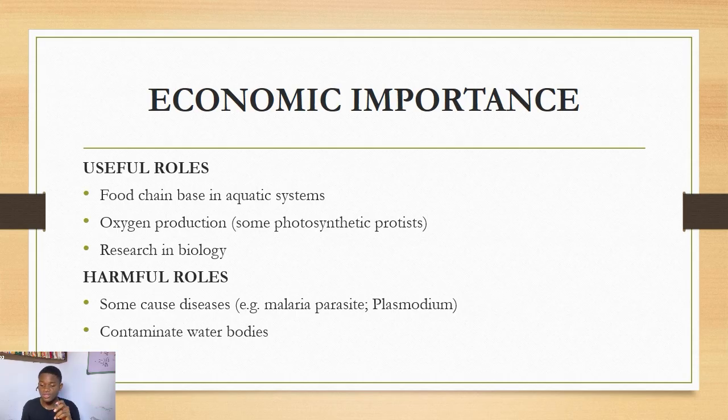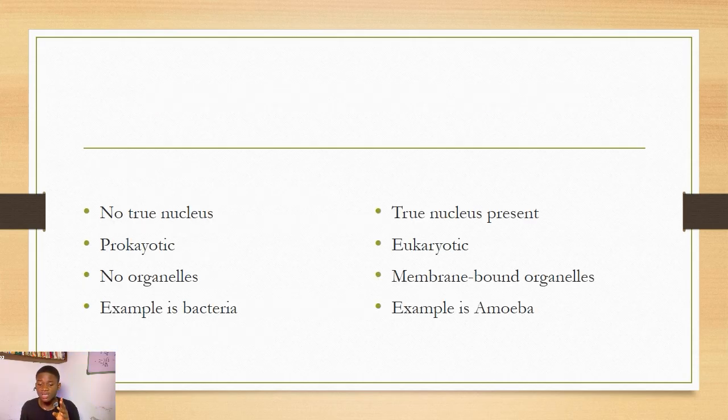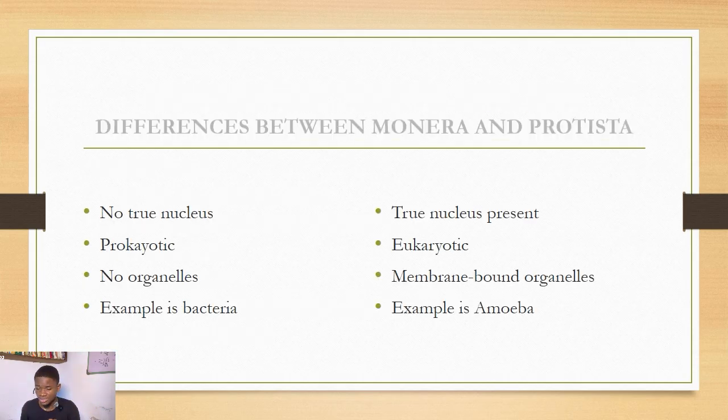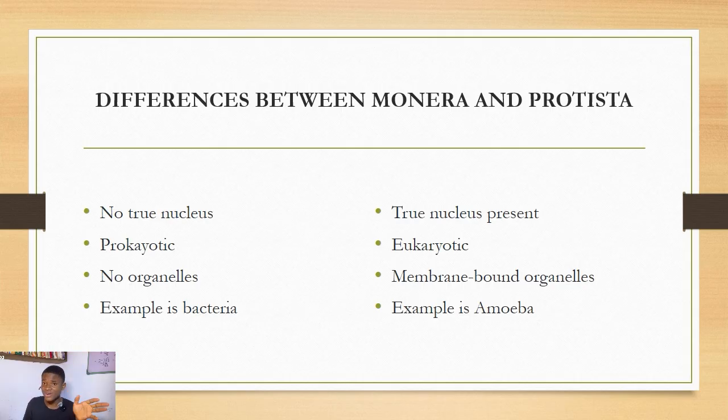So next, we are going to differentiate between Monera and Protista. On one side, we're going to have Monera. On the other side, we're going to have Protista. All right. So for Monerans, there is no true nucleus, while for Protista, there is true nucleus. For Monera, they are prokaryotic, while Protista, they are eukaryotic. For Monerans, there is no organelles, okay?